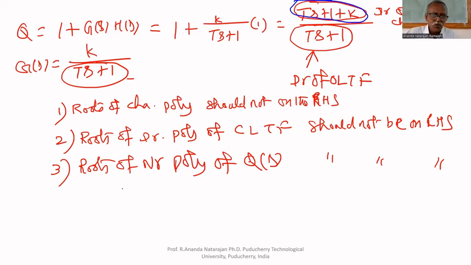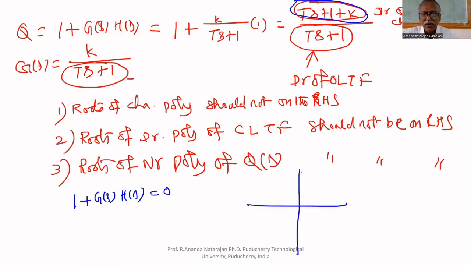Characteristic equation. So, if you do the mapping for 1 plus G of S H of S, by selecting the contour in such a way that the contour encloses the entire right hand side plane, then if any point on the right hand side is a root of that characteristic polynomial, it will encircle the origin.